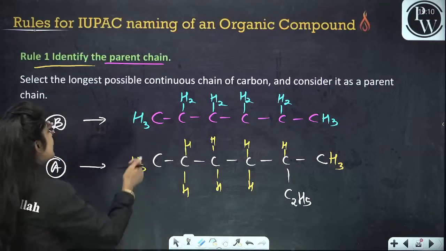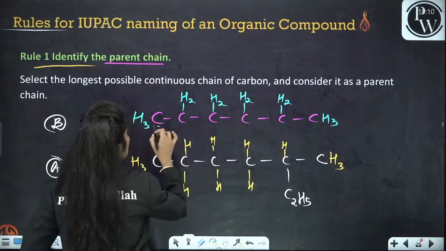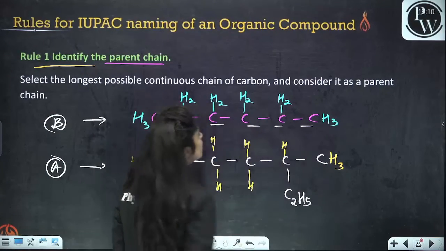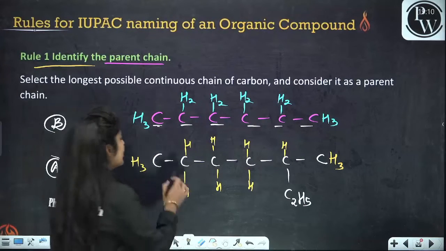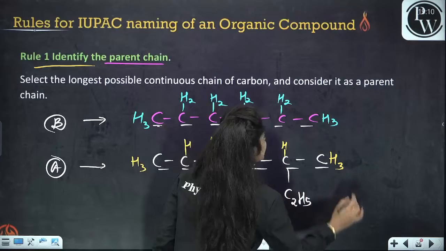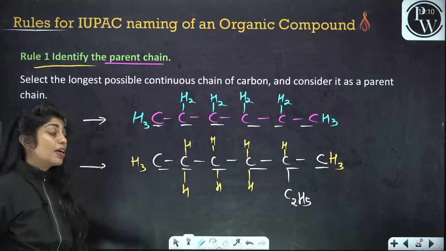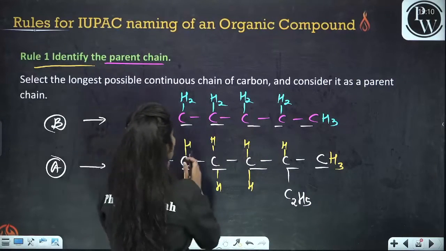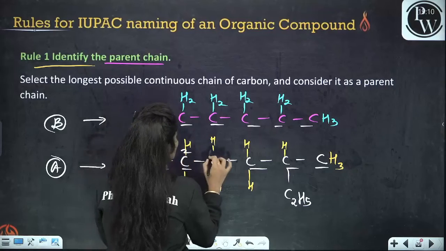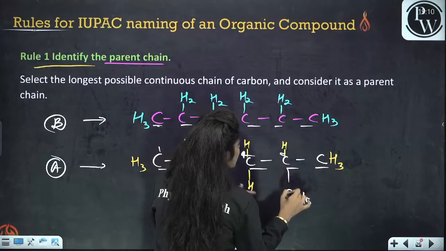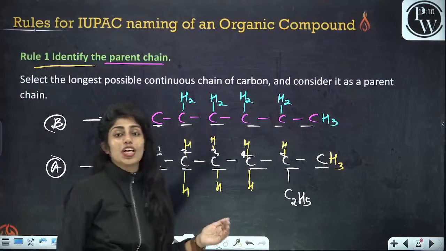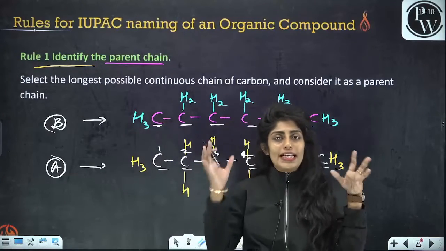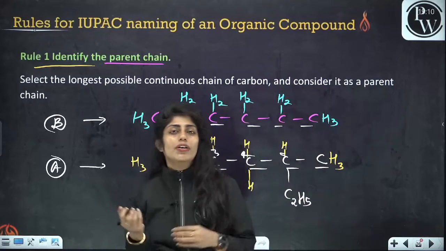Basically, I can see this is a simple straight chain, 1, 2, 3, 4, 5, 6. Done, 6 carbons are there. If I talk about this one, it has 1, 2, 3, 4, 5, 6, 6 carbons. But if I count 1, 2, 3, 4, 5, 6 and 7, it's not a straight chain, but of course we are not dealing with the straight or the branch chain.